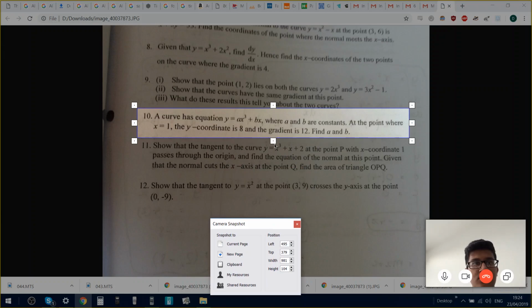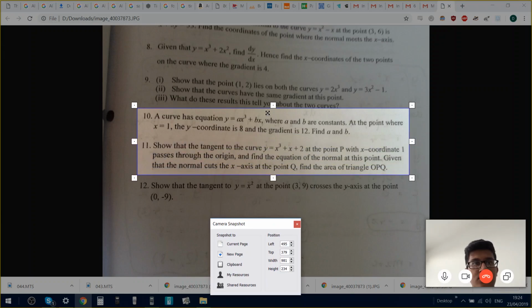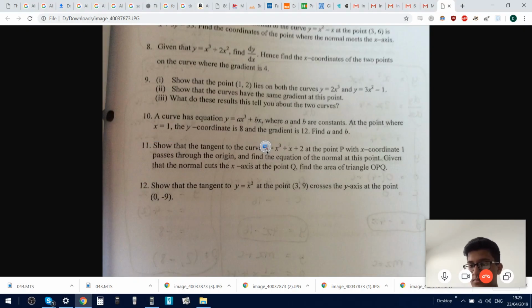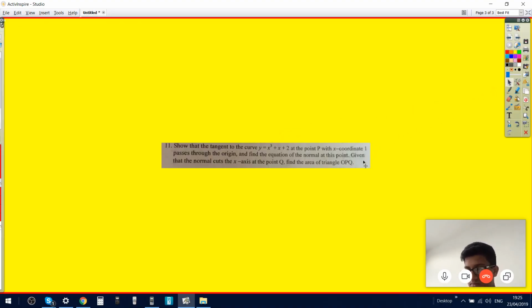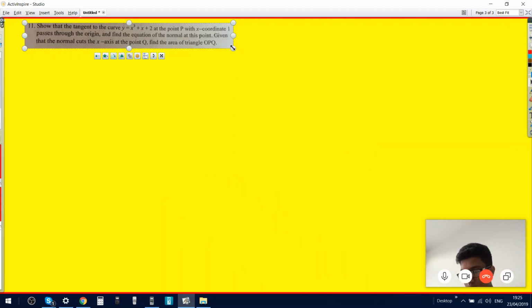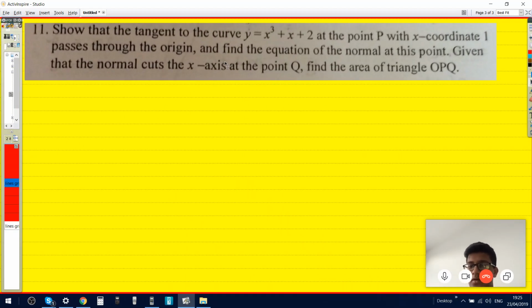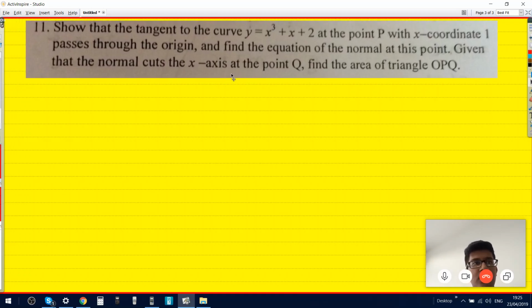How about 11? So number 11. Show the tangent to the curve y equals x cubed plus x plus 2.